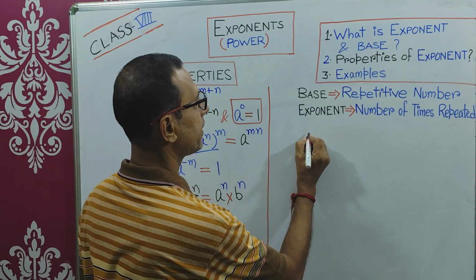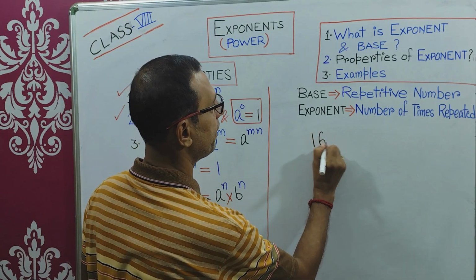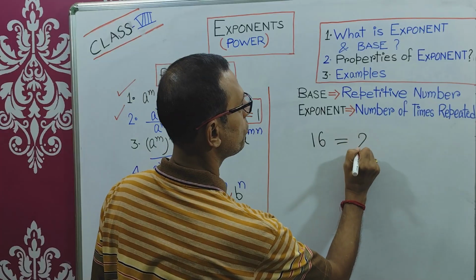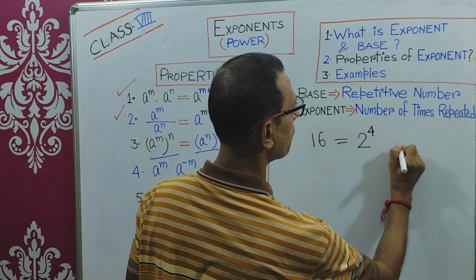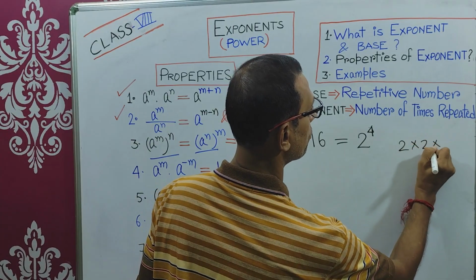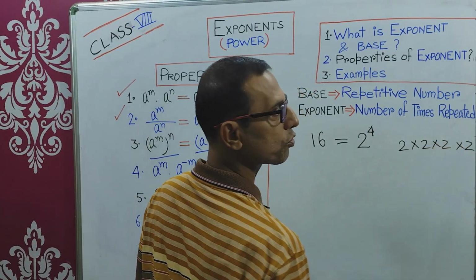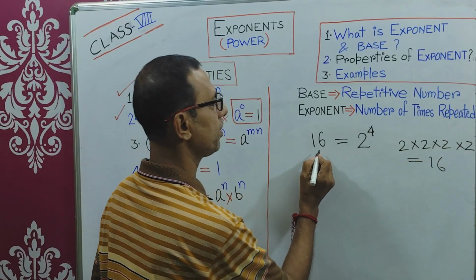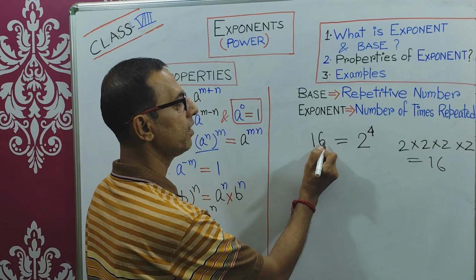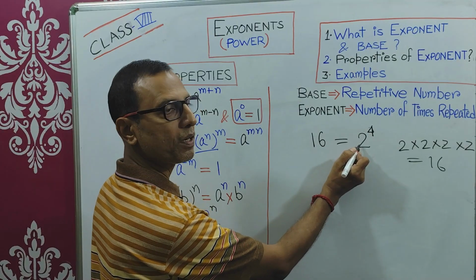Okay, let's say you can represent 16 as 2 to the power 4 with respect to the base 2, because 2 to the power 4 means 2 into 2 into 2 into 2, 4 times, 2 repeated. 2 2s are 4, 4 2s are 8, 8 2s are 16. So you can express 16 as 2 to the power 4.